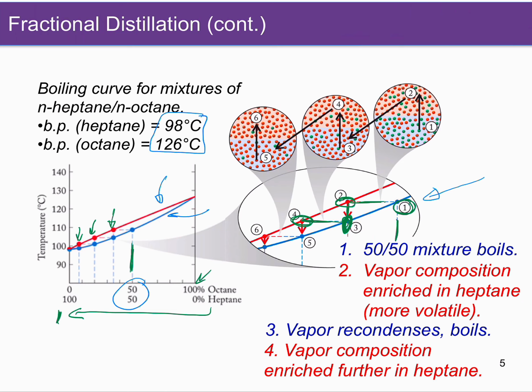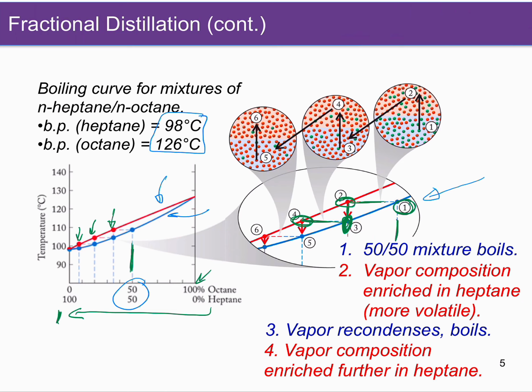So the liquid evaporates, more enriched in the more volatile component. It condenses on one of the plates with the composition of the vapor, which now has a higher concentration of heptane. That then evaporates as the apparatus heats up, and again the vapor above that plate is going to be even more enriched in heptane.